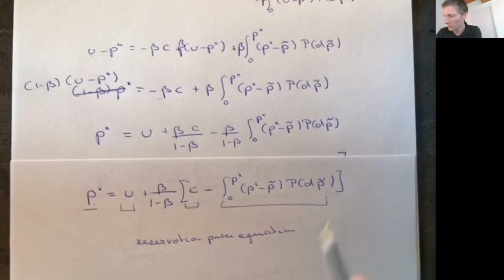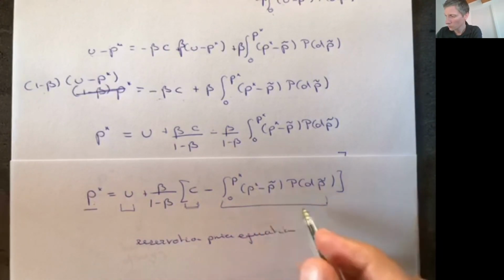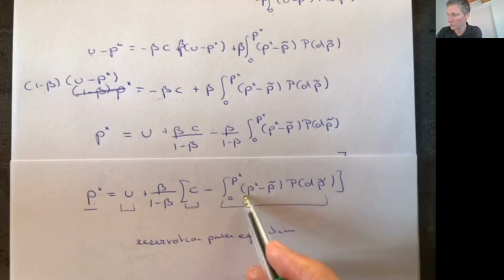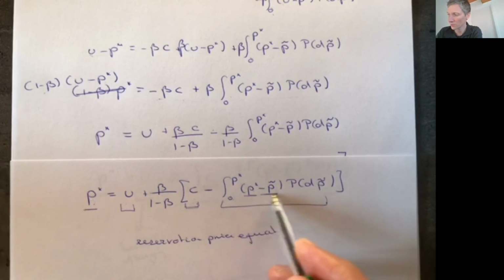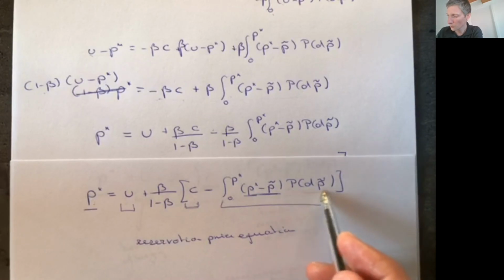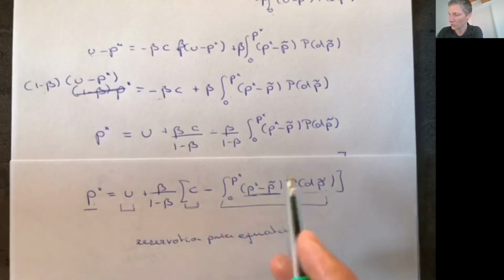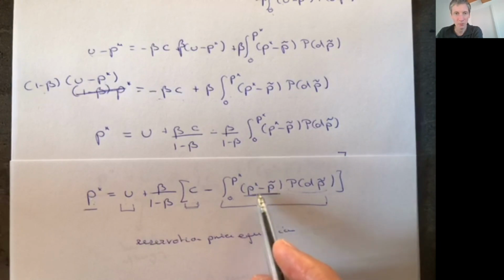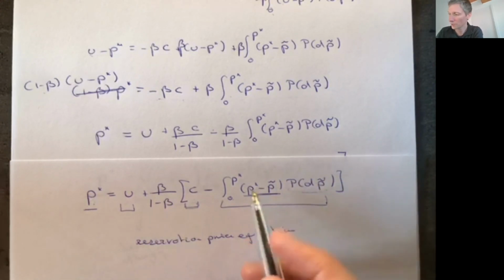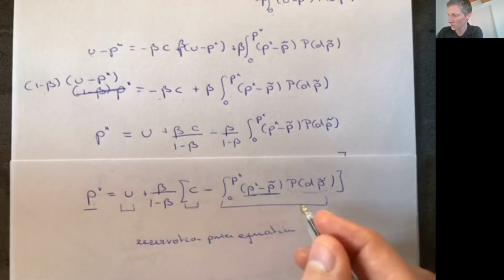And then the second part here is basically the benefit of waiting. So this only integrates from 0 to p star, so p tilde is always below p star. Okay, and this measures the wedge between your reservation price and the price p tilde, and this then integrates over the probability of getting such a price. Okay, so if the price is much below p star, and if the probability of such a price is very high, then this will be a large number.